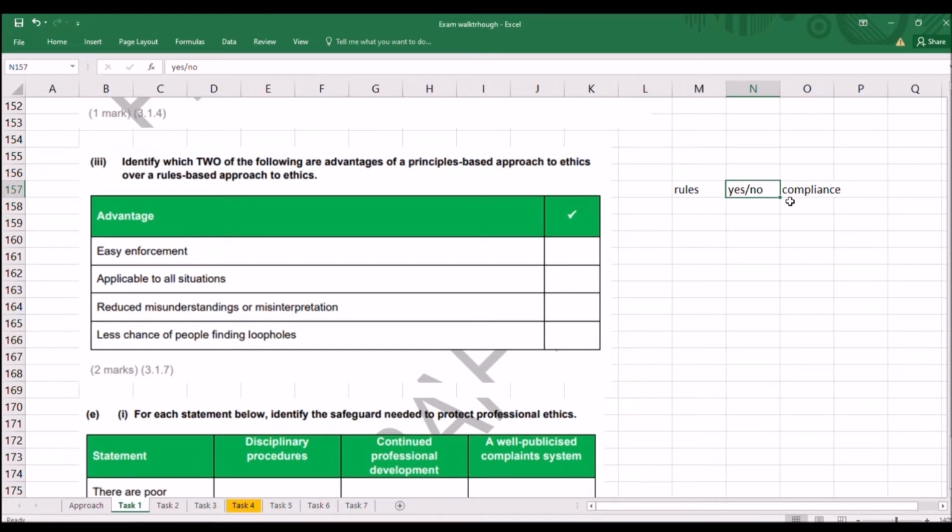And is that likely when you're faced with all of these various different factors? Not really likely in accountancy. So we don't really have a rules-based approach to ethics, because otherwise we'd be going, well, no, we were perfectly fine, thank you. We didn't break the rules. Then people will be arguing about the spirit of the rules, what have you. But that's why a rules-based approach doesn't work.